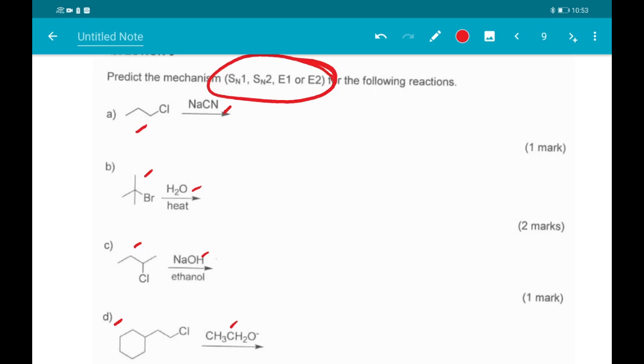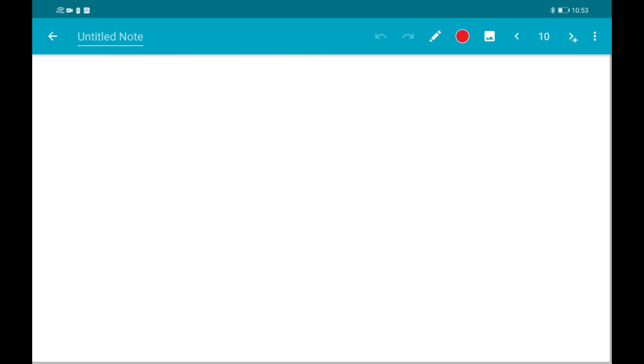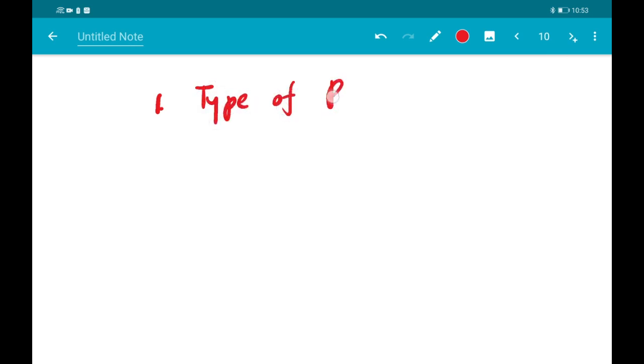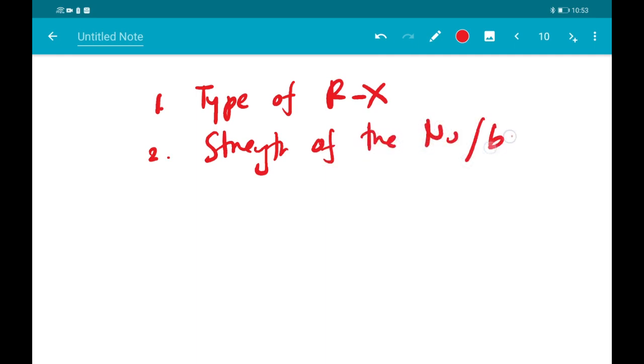That's why, to understand this, we need to compare 5 factors. The first one will be the type of alkyl halide that we are using. Second one, it will be the strength of the nucleophile or base.